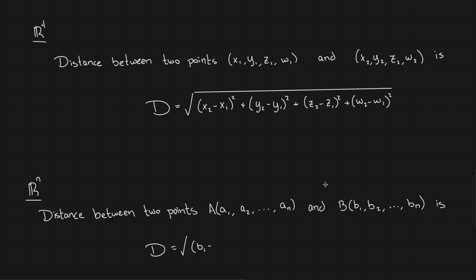So the first coordinate in B minus the first coordinate in A squared, plus the second coordinate in point B minus the second coordinate in point A squared. And keep on doing that until you get to the very last coordinate. Since we're in n-dimensional space, the last coordinate will be the nth coordinate. So subtract the nth coordinate, bn minus an squared, and then take the square root. And that's generally the distance formula for n-dimensional space.